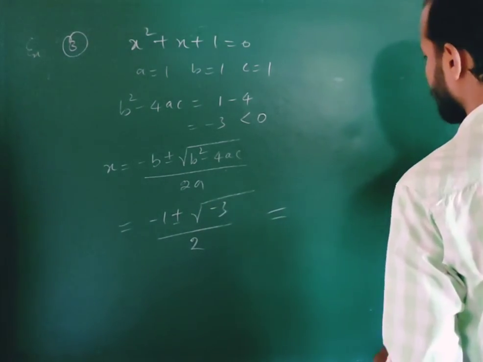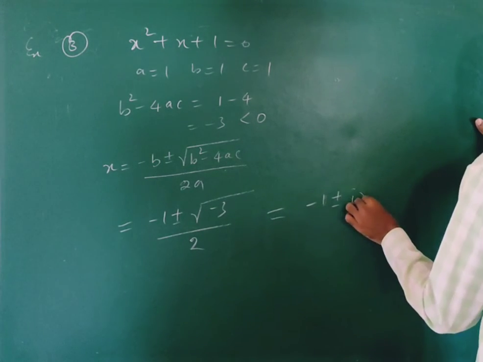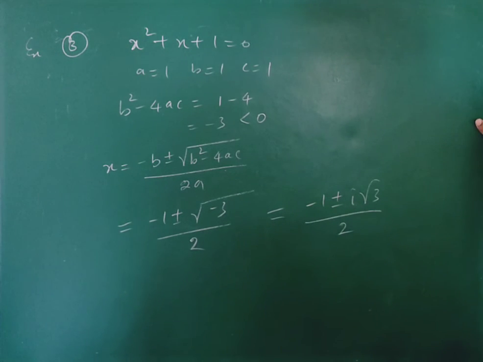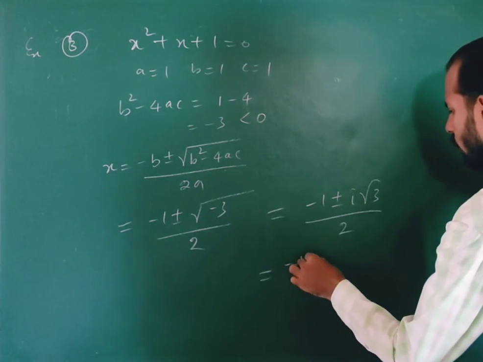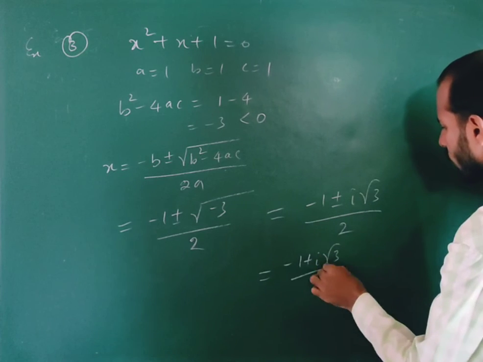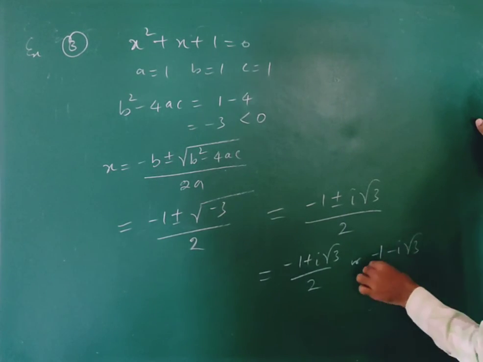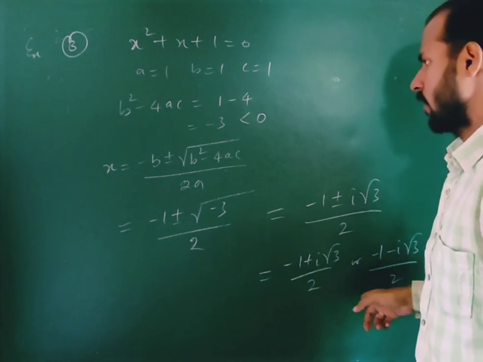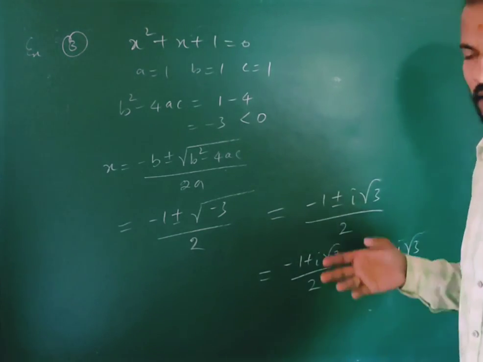Again we can write it here, minus 1 plus or minus i root 3 by 2, or simply you can write separately minus 1 plus i root 3 by 2, or minus 1 minus i root 3 by 2. Hence it is nothing but the standard 2 roots of this quadratic equation.